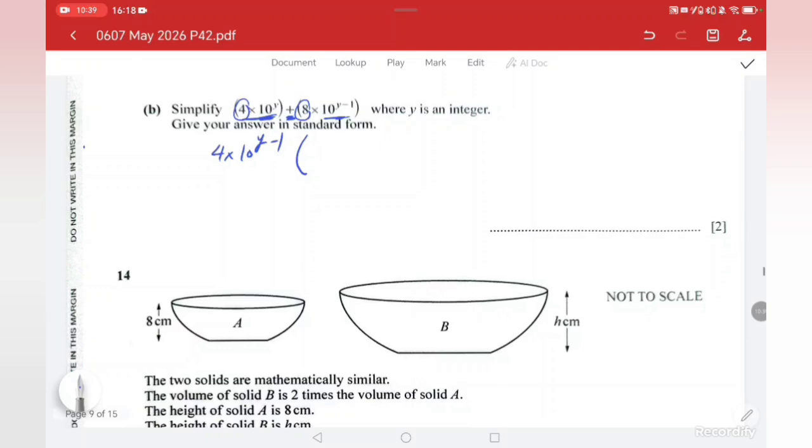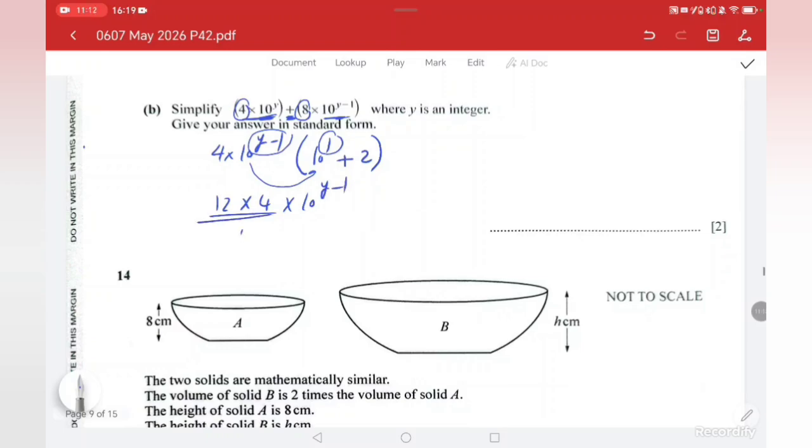In this case, just 10 to the power of 1, because if you multiply them, you add the exponents. So minus 1 plus 1, what will remain? Only y. Then here plus 2, so we have 12. So this will be 12 times 4 times 10 to the power of y minus 1.